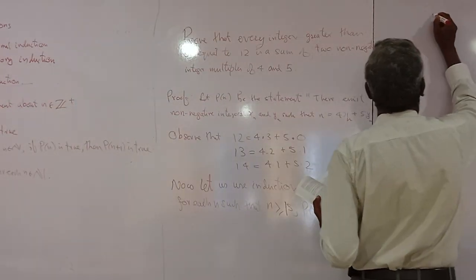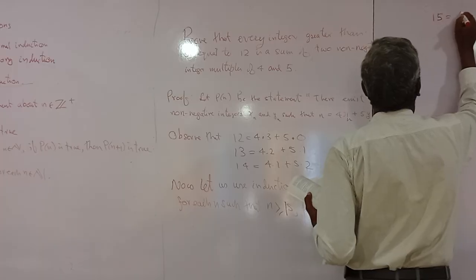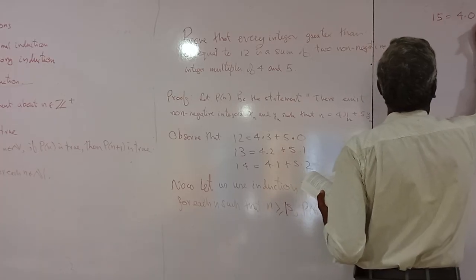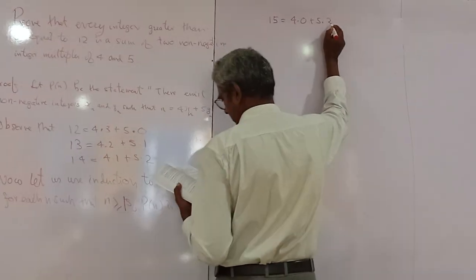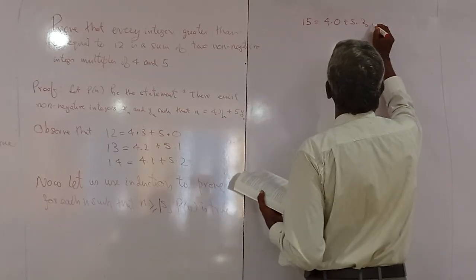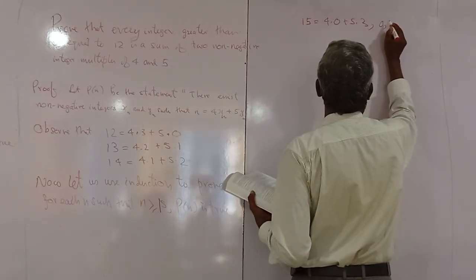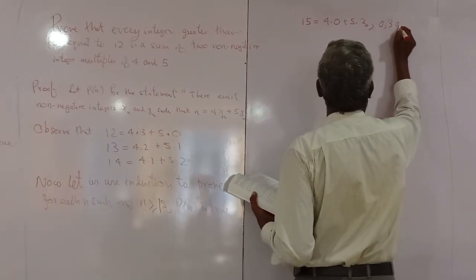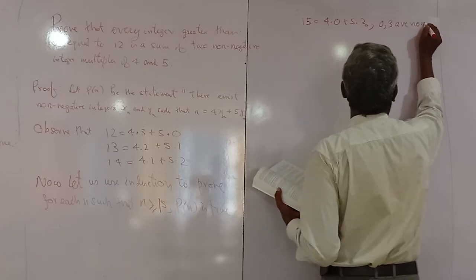You can see 15 is equal to 4 times 0 plus 5 times 3. 0 and 3 are non-negative integers.